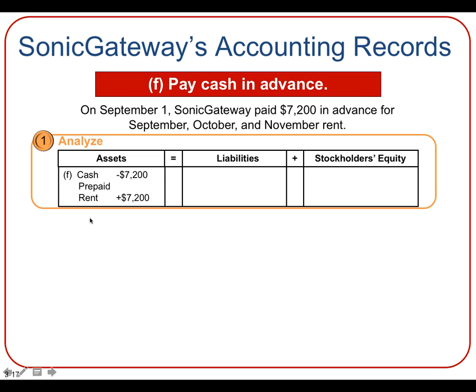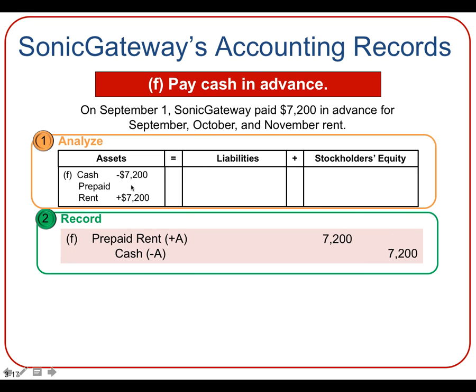You put the money into the landlord's account, saying, I can use this money for my October and November rent expense; I just put the money in there first. So prepaid rent is part of your assets. It's not an expense, because the expense has not been incurred yet. You paid out cash, so your cash decreased.